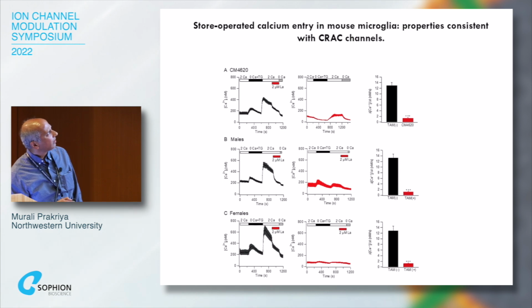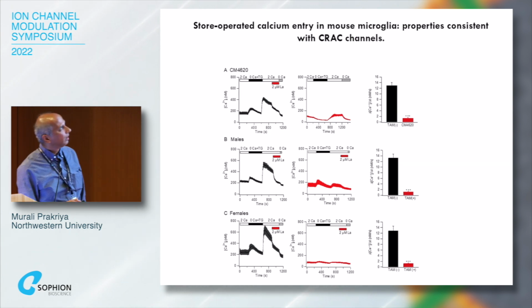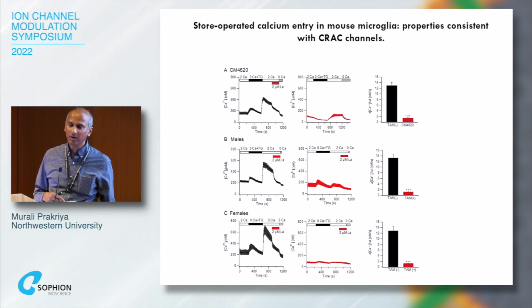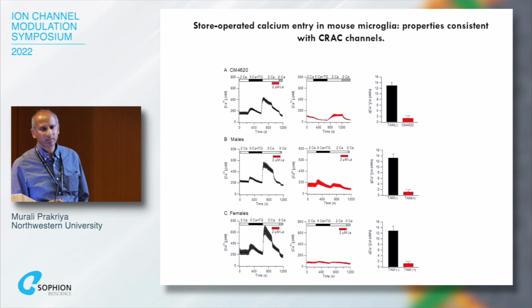It is also inhibited by, let's see, I want to highlight CM4620, which is that compound that Stefan talked about earlier this morning. This is a compound that's currently in clinical trials for mitigating inflammation in pancreatitis as well as COVID.